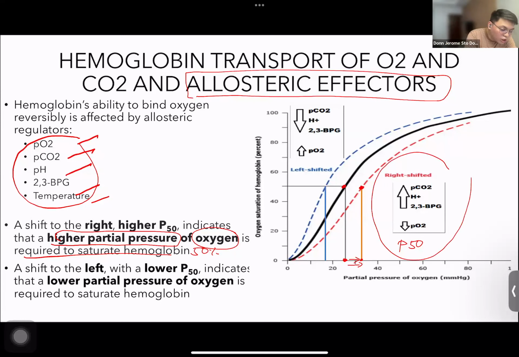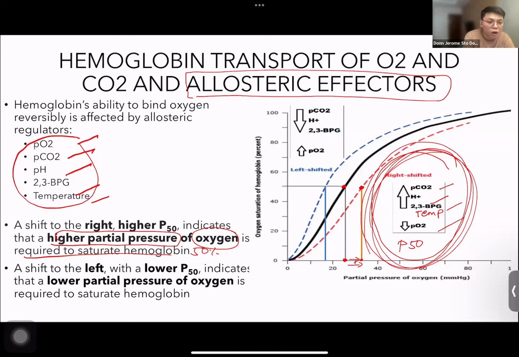These are the conditions that shift the curve to the right. These are the conditions that you see in the peripheral tissues, no, where cells are actively metabolizing. They have higher PCO2, higher partial pressure of carbon dioxide, high hydrogen concentration, high 2,3 BPG, high temperature, isama na po natin, low partial pressure of oxygen, or low pH. This again are the conditions seen in the peripheral tissues.